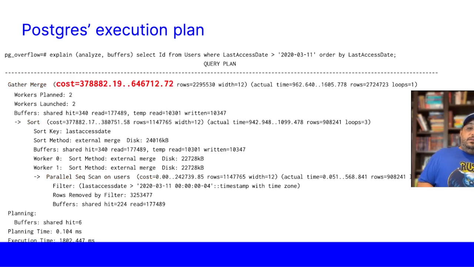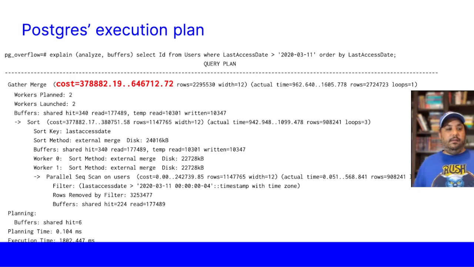We did mention, right, we thought our costs would go up. So I want you to look at this and see that by the time we get to the gather merge, this cost amount is now ranging from 378,000 to 646,000. In case you couldn't remember, maybe you used all your memory up and didn't put it on a post-it note, in our previous query, the total was 333,000 as a cost.